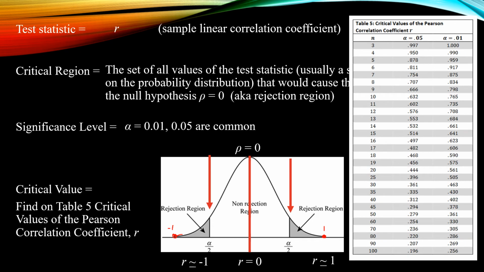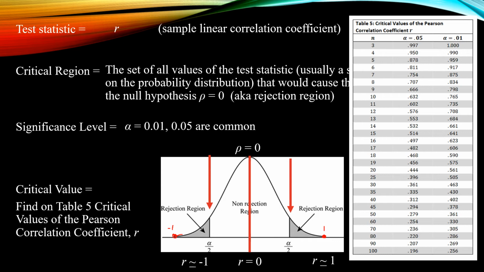You'll notice that in this example we only give you 2 significance levels, 5% and 1%. And n is literally the number of bivariate data points: how many x and y values you have, how many dots are on that scatter plot. And so the critical coefficients are given.